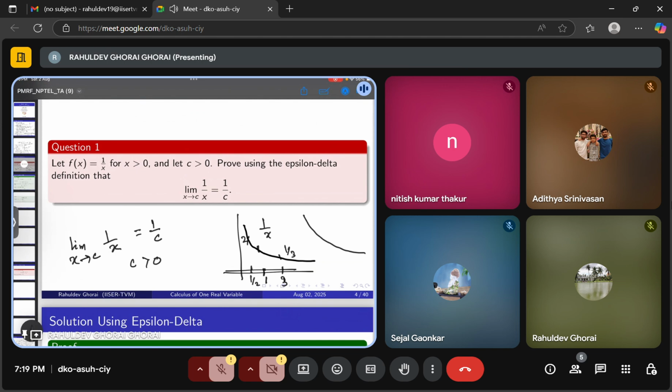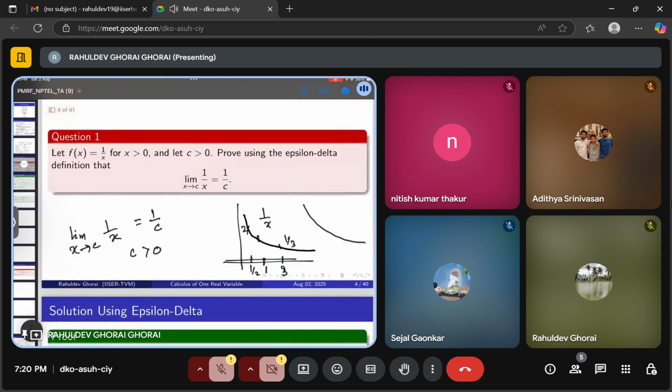But for other limits, when the difficulty is higher and different types of functions are there, where getting the limit will be difficult, for that type of function also you can use the epsilon delta definition.